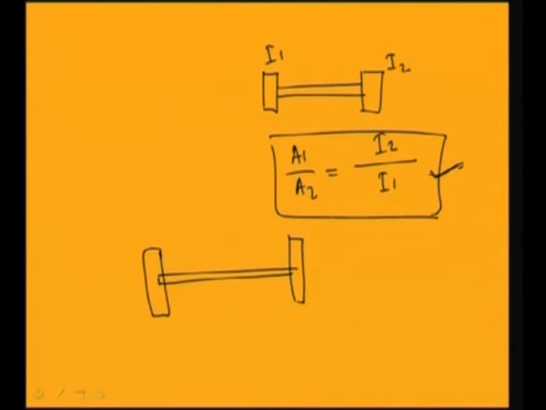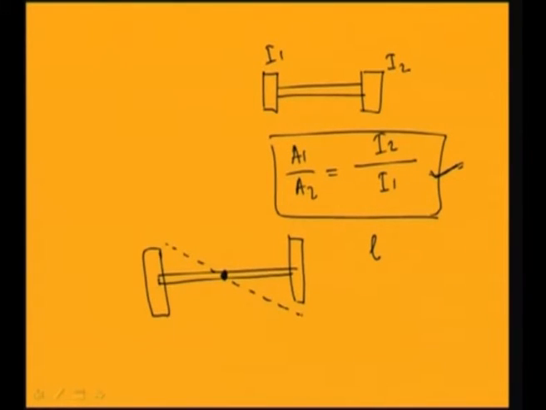So we have given that the system has a rod of length L, and when it is rotating with the other frequency, there will be a node point here. This node point means this point will have no vibration.